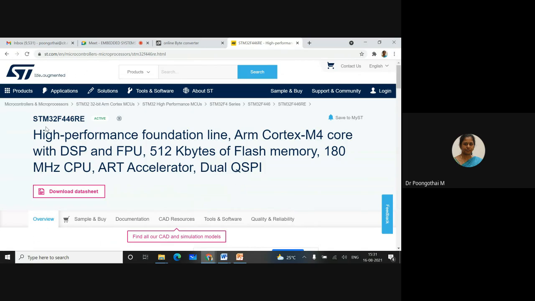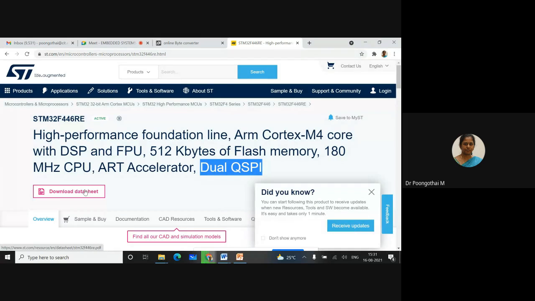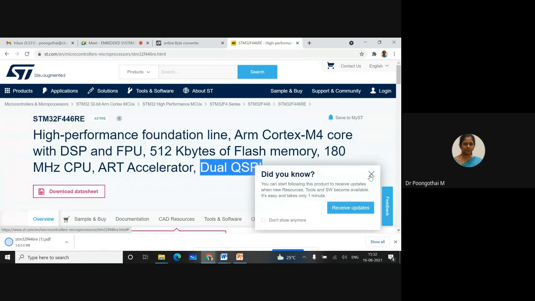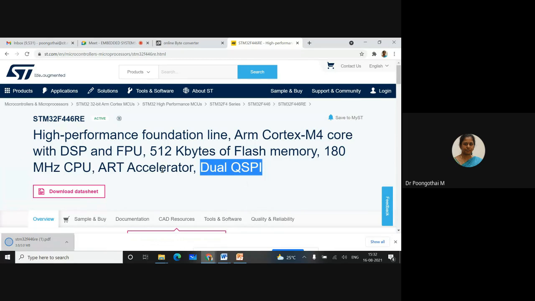This board is called Nucleo board. It is an ARM Cortex M4 core with DSP and floating point unit, 512 kilobytes of flash memory, 180 megahertz CPU frequency, inbuilt accelerator, and dual QSPI. This is for signal processing applications. Just download this data sheet and go to the functional block diagram.